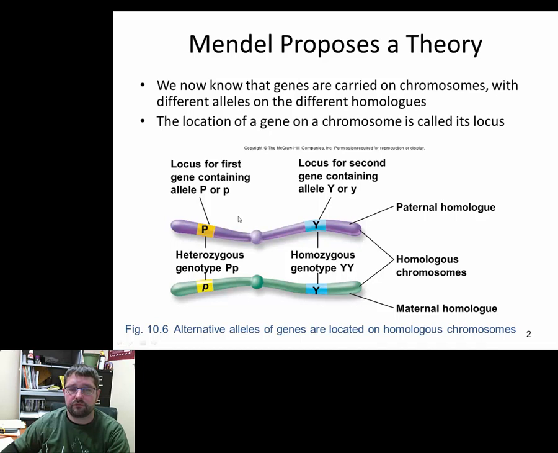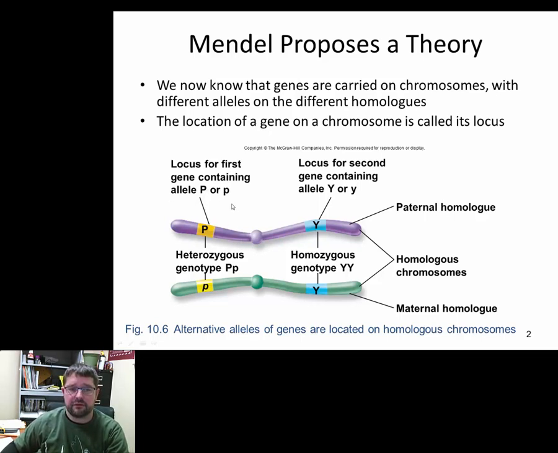We've already talked about the general structure of the chromosome, where you have a centromere, and then the small arm is called the P arm, and the large arm is called the Q arm. Each one is also numbered, so a certain region would carry a certain number, like P4, and that would be where that gene might reside.